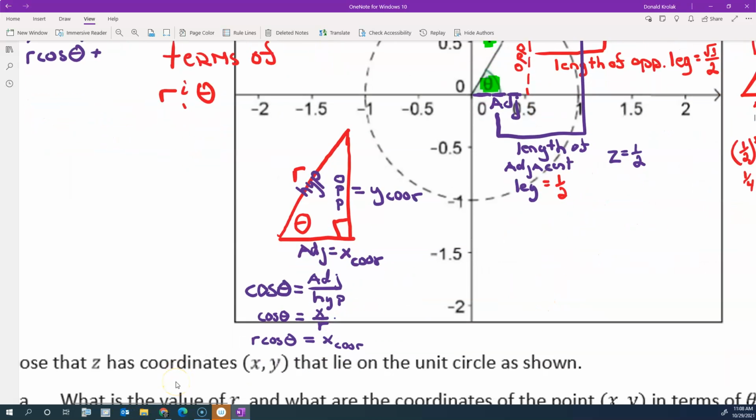Okay, so if we look right here, we know that the sine of an angle is equal to the opposite leg, which is the Y coordinate, opposite over hypotenuse, Y over R, and if I multiply both sides by R, that's the Y coordinate.